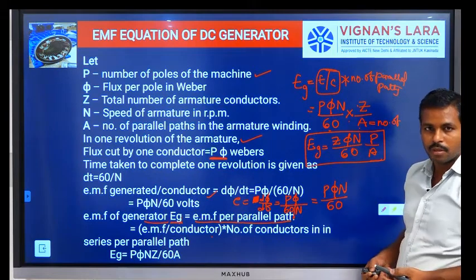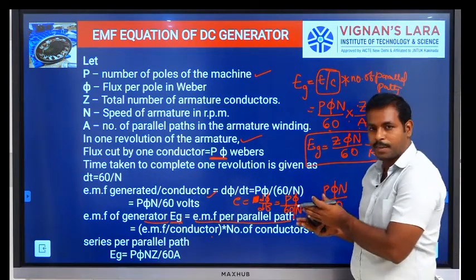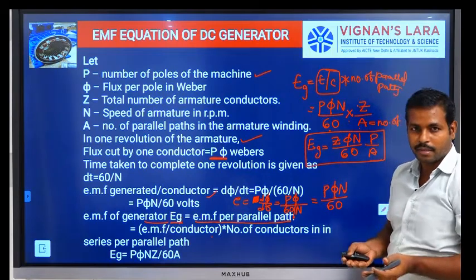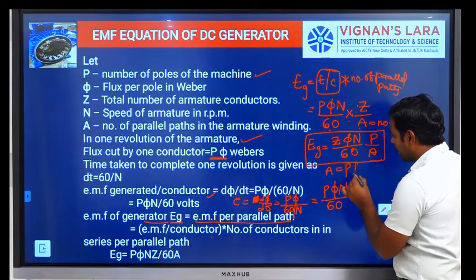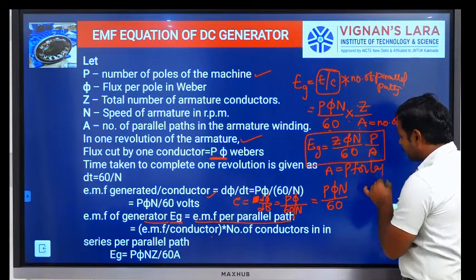For example, in the design of an armature using lap winding, A is always equal to P for lap winding.